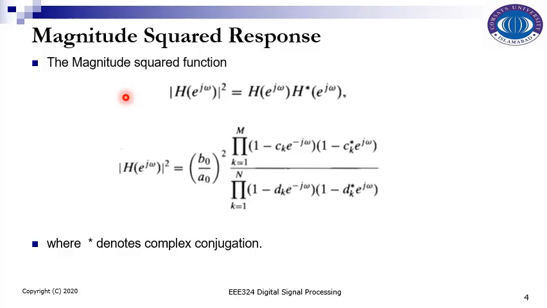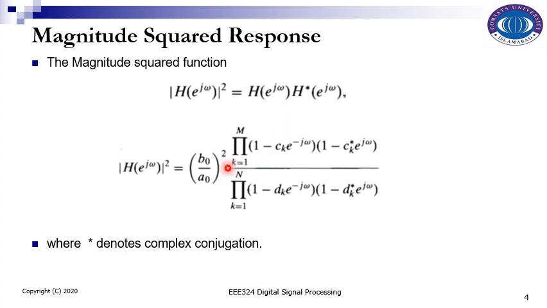So we can use this method to find the expression for |H(e^jω)|². In H(e^jω) we multiply by its conjugate, taking the conjugate of all the terms.